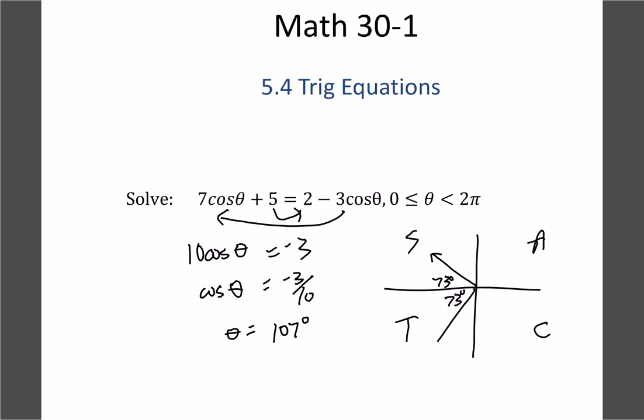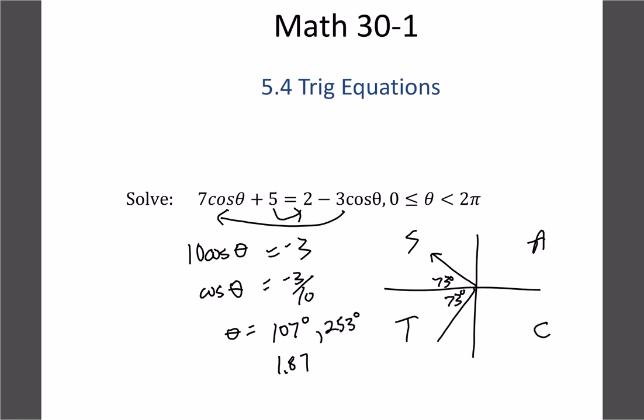Down in this quadrant. So we should have 107 degrees, or if we convert that to radians, that would be 1.87 radians. And then we would also do 180 plus 73 degrees, which is 253.